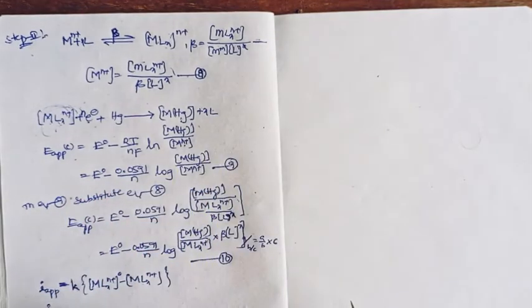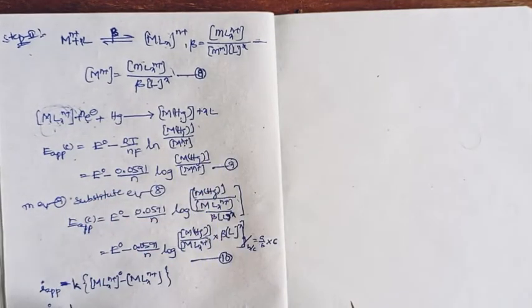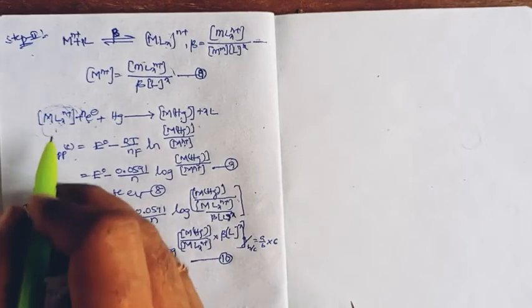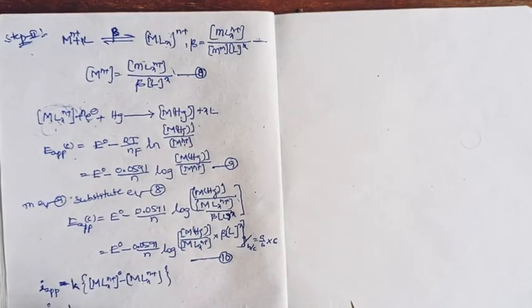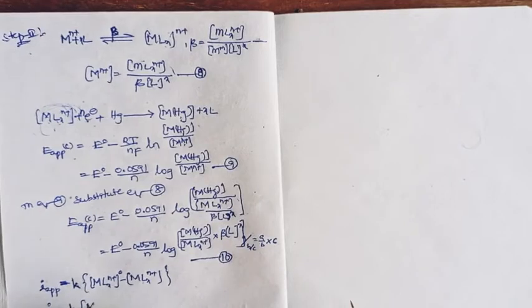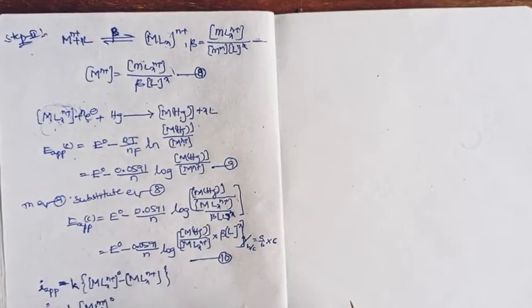So the diffusion current is proportional to the initial concentration of the metal complex. When we remove the proportionality, it would have some constant, that is K into the initial concentration of complex, right?